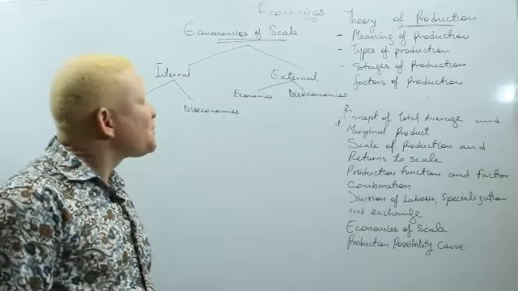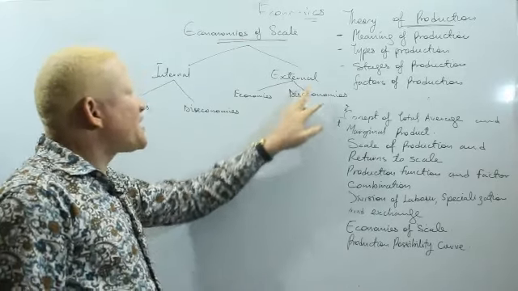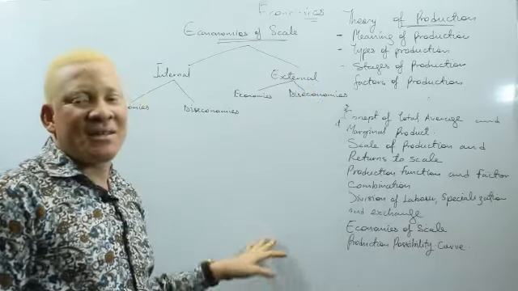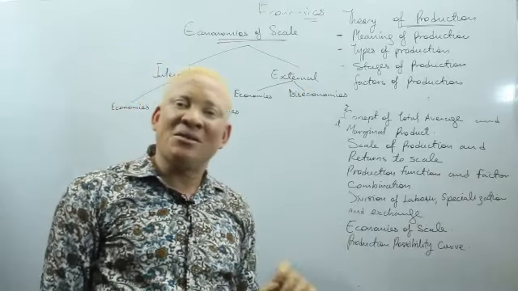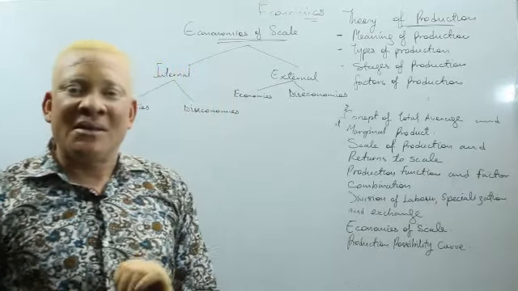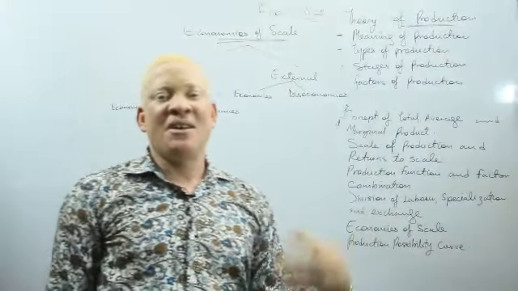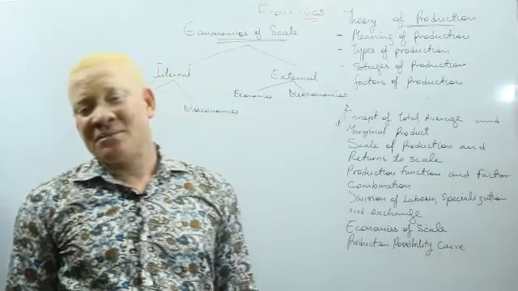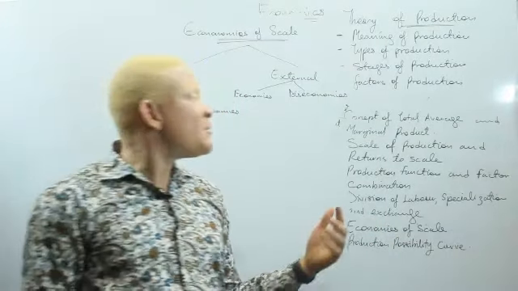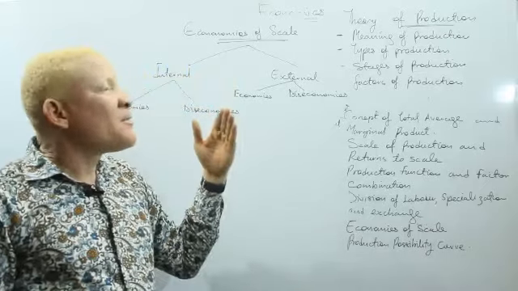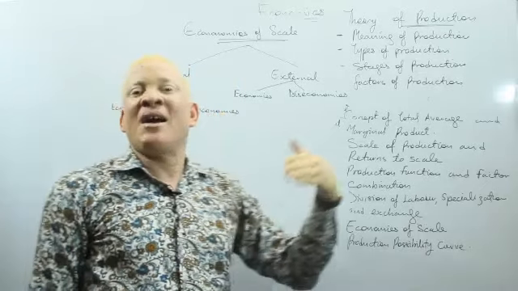Now, the next one, external economies or external diseconomies, talks about the benefits or disadvantages which a firm would derive from other industries.